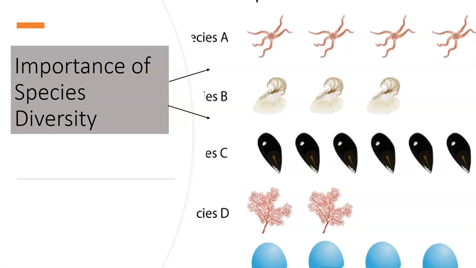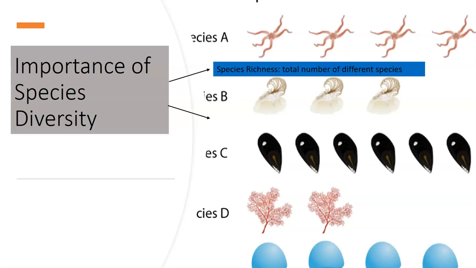Now, species diversity is really lumped into two different terms. We have species richness, which is the total number of different species. And this may sound a little bit like functional diversity. It's a little bit different in the sense that with functional diversity, like, do we have plants at all?